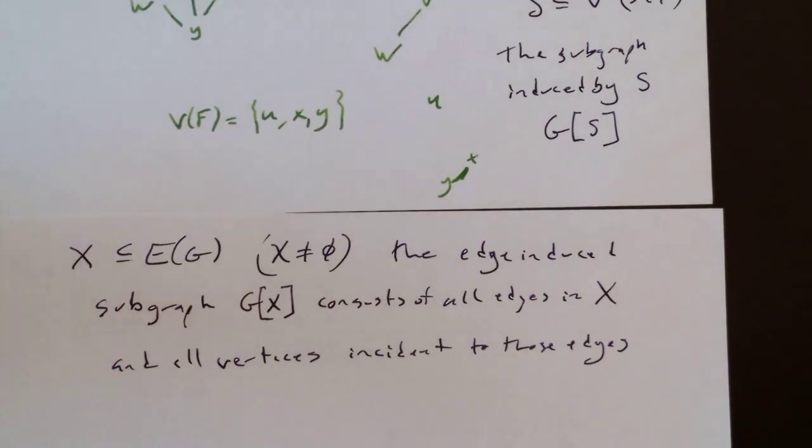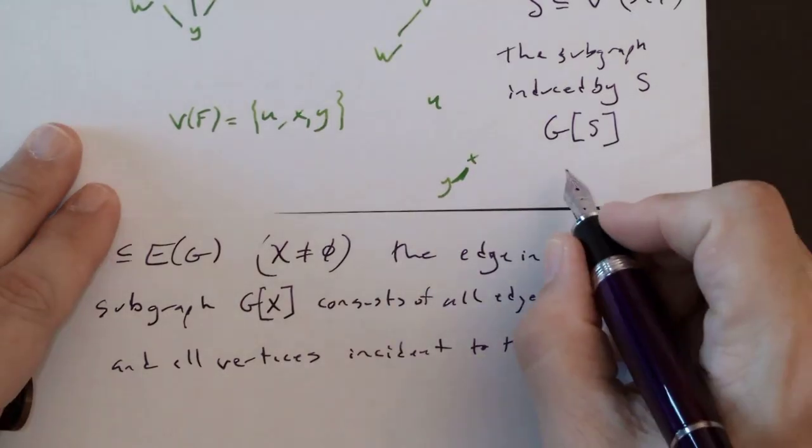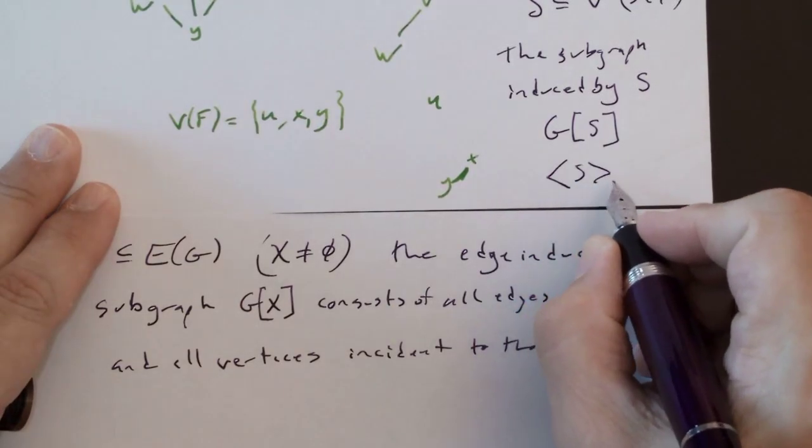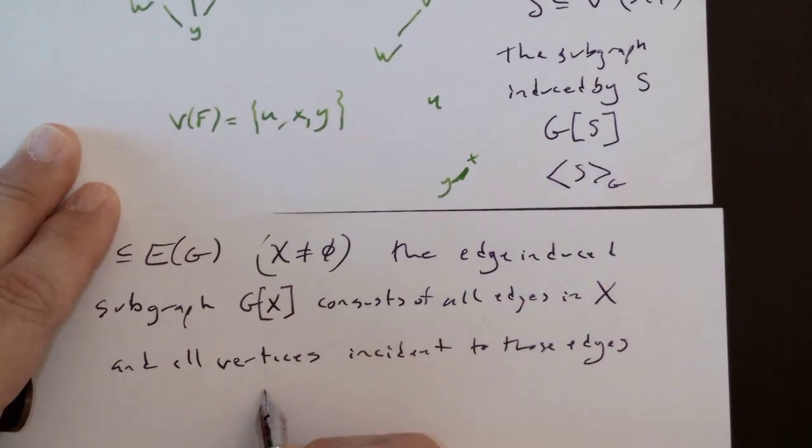Vertex-induced subgraphs are more common than edge-induced subgraphs, but we will run into them occasionally. Sometimes, instead of using these sorts of square bracket notations, you'll also see a notation that looks like this.